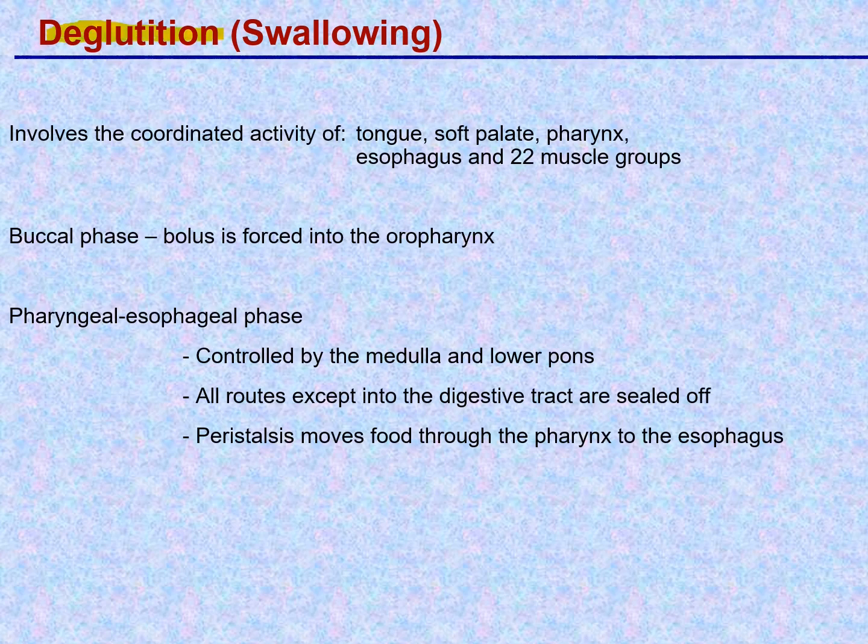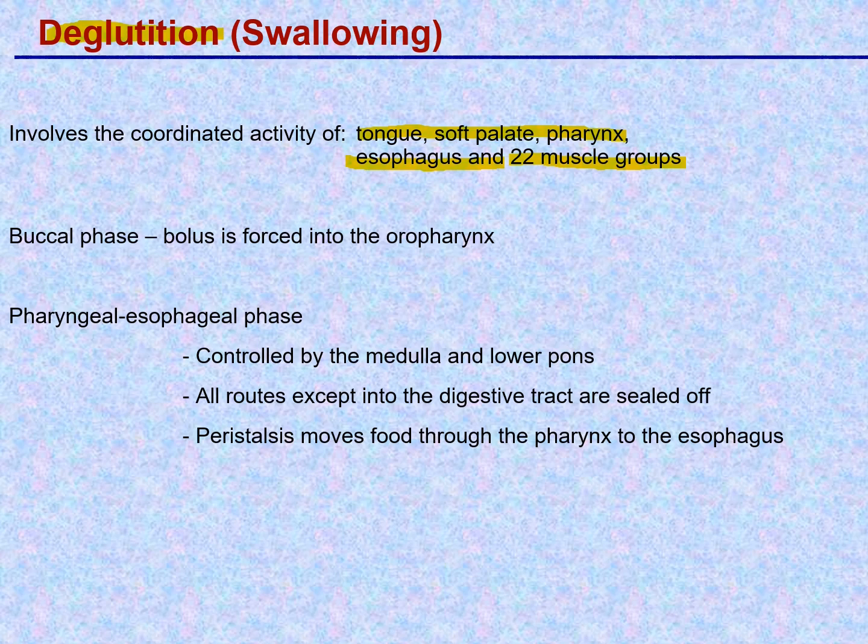This is a coordinated action of the tongue, the soft palate, the pharynx, the esophagus, and quite a few groups of muscles. So it's quite a carefully coordinated action of all these muscles together.